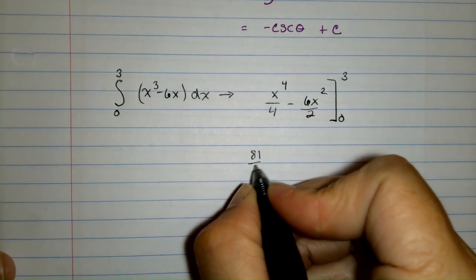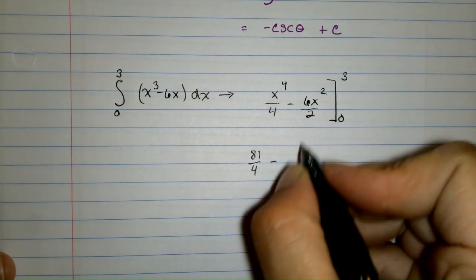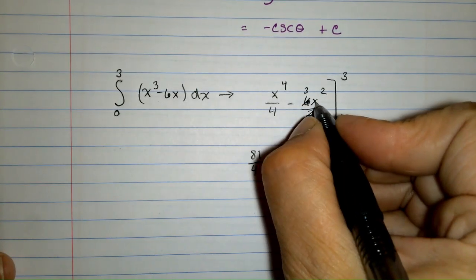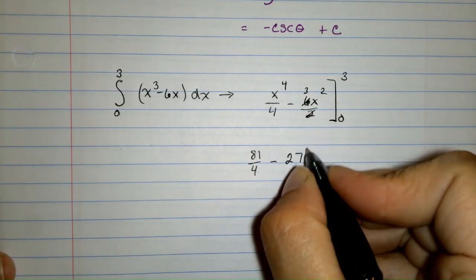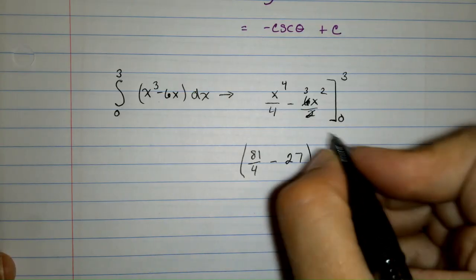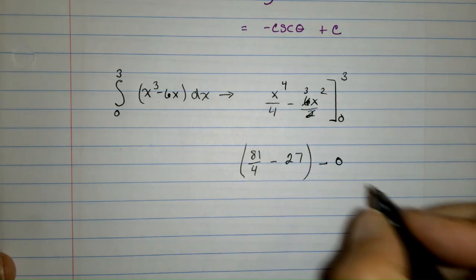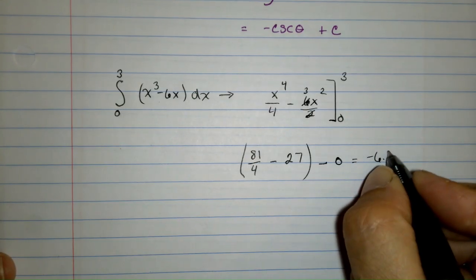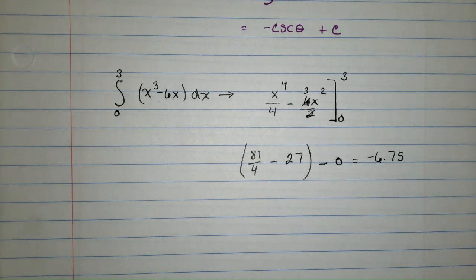So 81/4 minus 27 from the first part, and 0 from the second part will give us negative 6.75. Much easier than when we did this particular problem a few videos ago, where we actually did it using summation notation. So, okay.